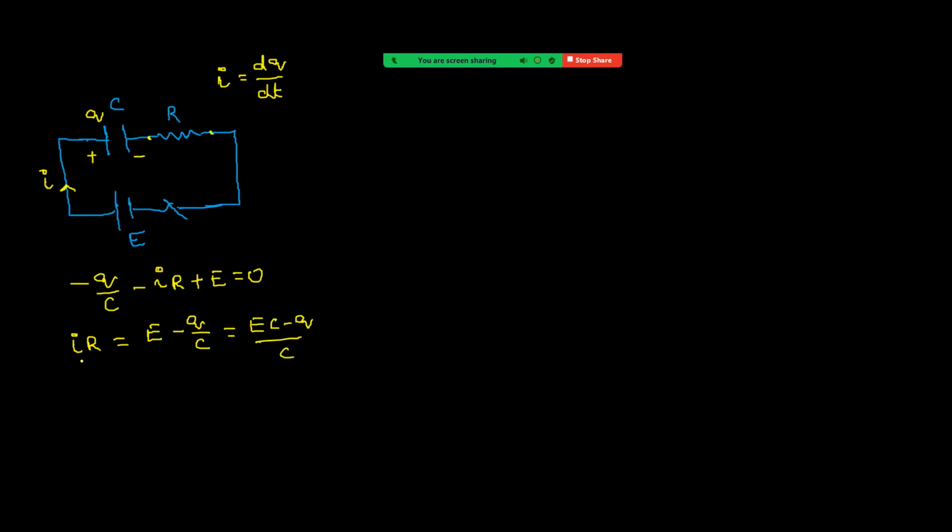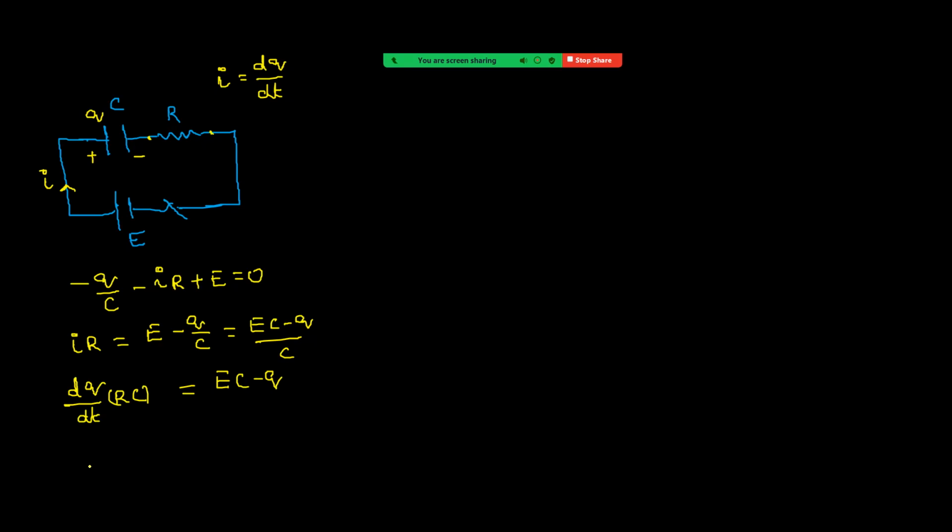Now in place of I take dq by dt. It is now dq by dt times RC, that is equal to EC minus Q. Now separate these terms.